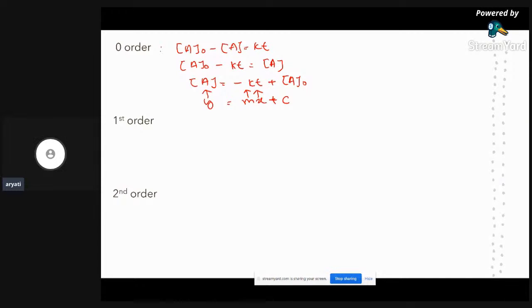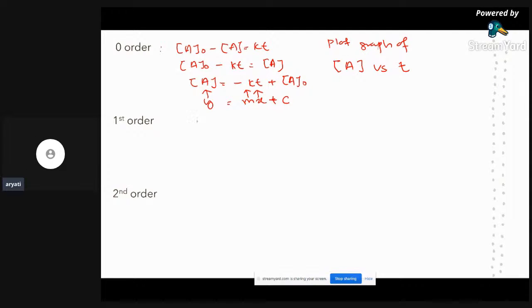So for zero order, we need to plot a graph of concentration of A as the y-axis versus time.